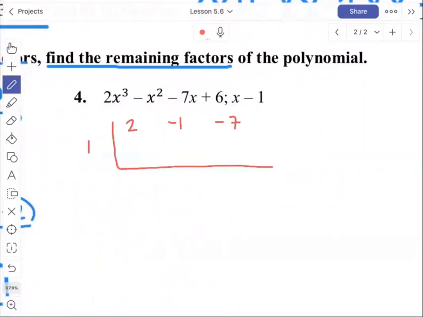So then you put the 2 down, and then multiply the 1 by 2, and then put 2 under -1. Perfect. Then we get 1, good, and then multiply that by 1 and get 1, good. And then we get -6, good, and then 6 plus -6 is 0.